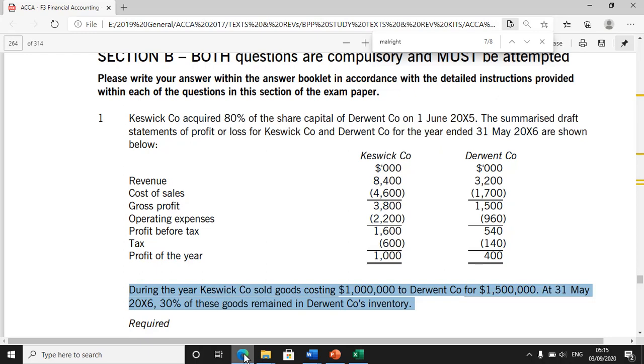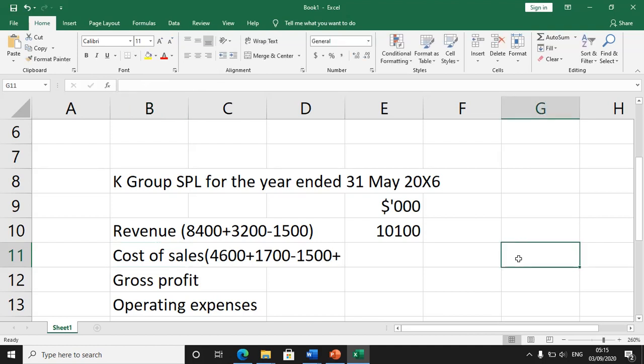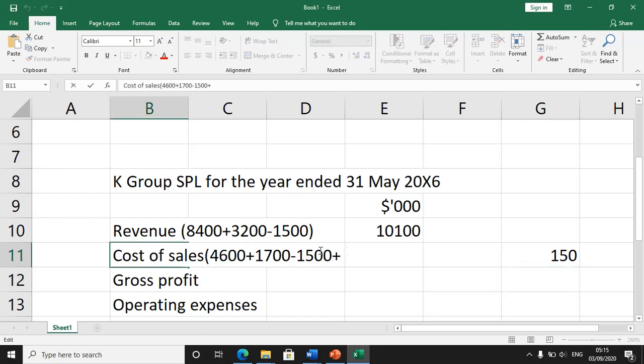So what is 30% of 500? 30% of 500 is 150. So we have to add back this 150.